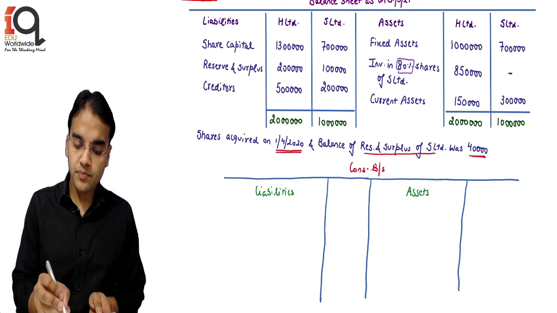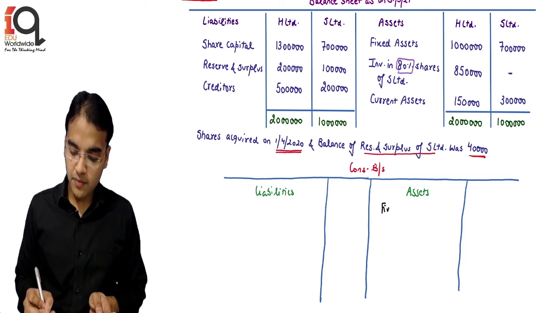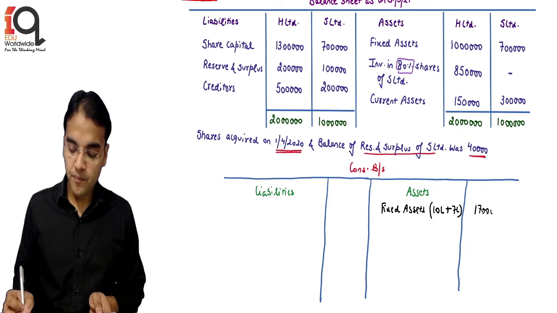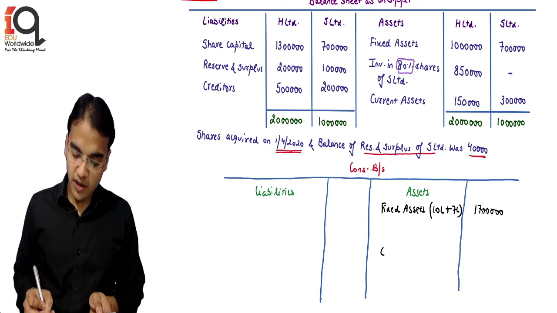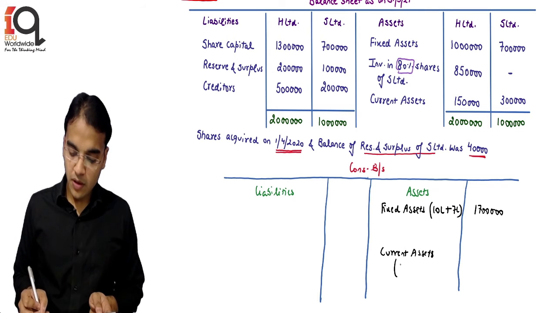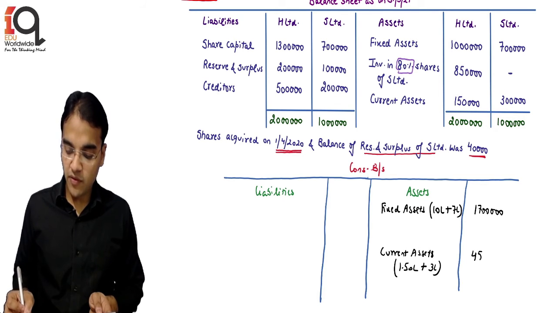So fixed assets, which is 10 lakh plus 7 lakh, 17 lakh. Then current assets as well, 1.5 lakh plus 3 lakh, that is 4 lakh 50,000.